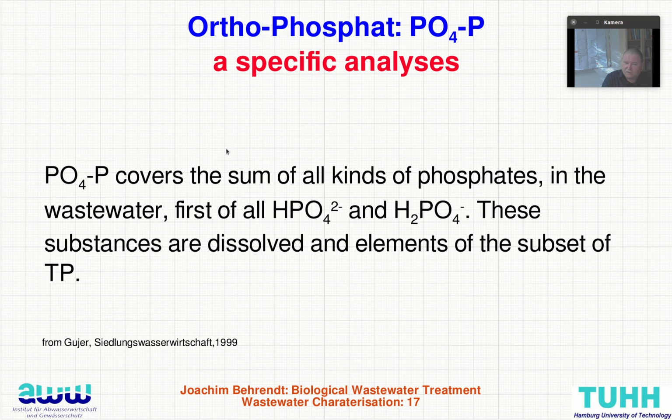The special analysis, orthophosphate, covers the sum of the phosphates in the water, which is hydrogen phosphate, dihydrogen phosphate, and phosphoric acid. And this is a subset of total phosphate.